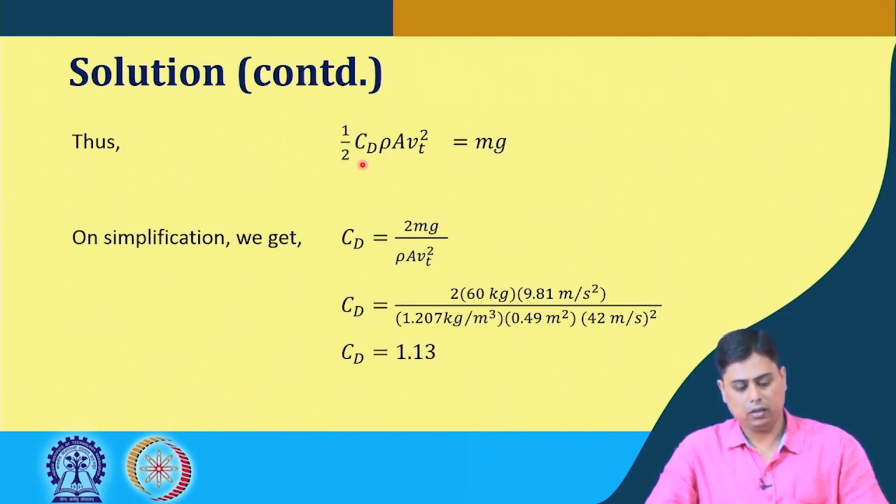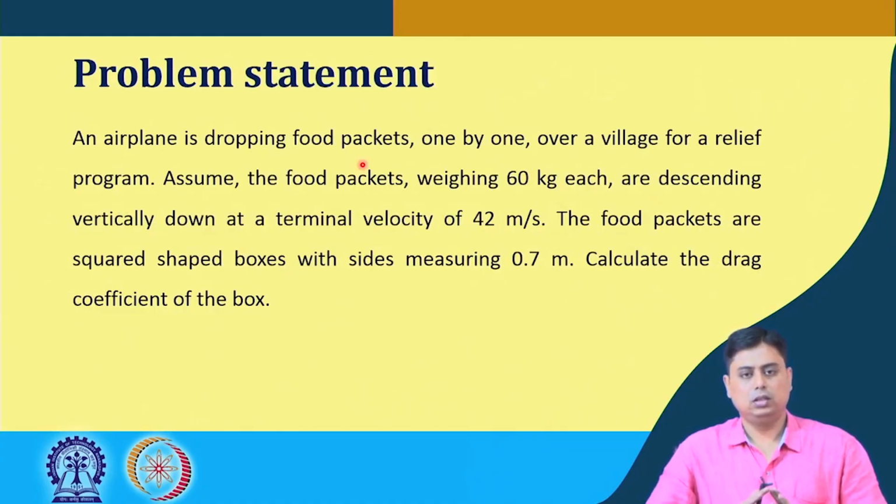Let me again go back to the same problem. The problem was that there was a square shaped object falling through air, of known dimension and known weight. We have to calculate the drag coefficient of the box. The velocity at which it is falling, the constant velocity, is also given.